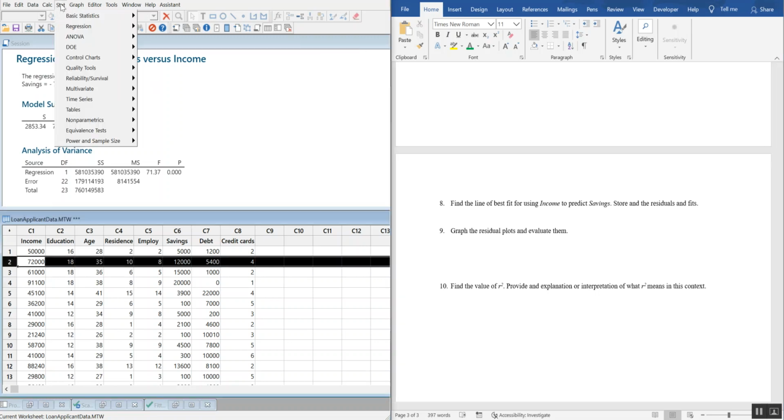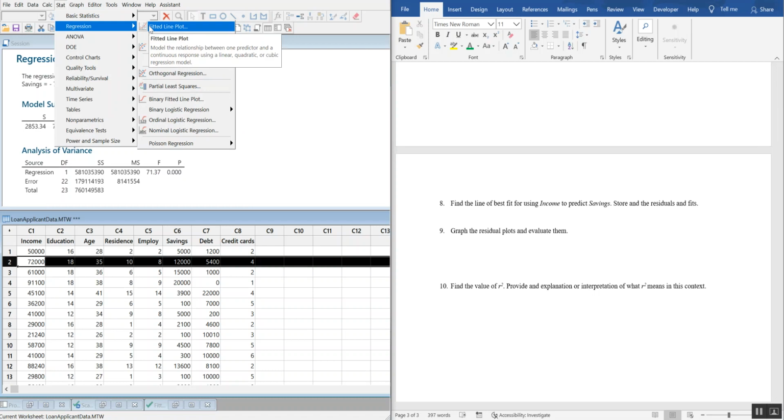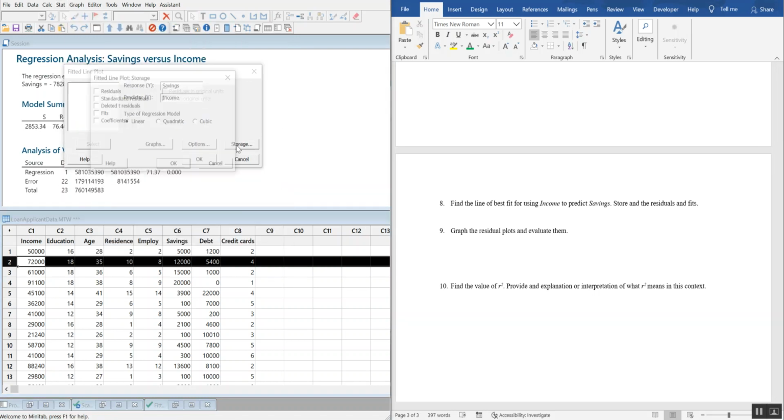I'm going to go to Stat, Regression, Fitted Line Plot. And then I'm going to make it store some stuff. So I want the residuals and fits. Fits is what Minitab calls the prediction. So I'm asking it to give me all my y-hats and my residuals.